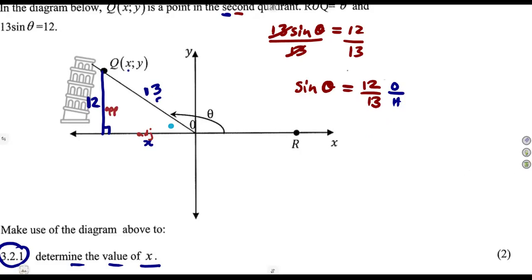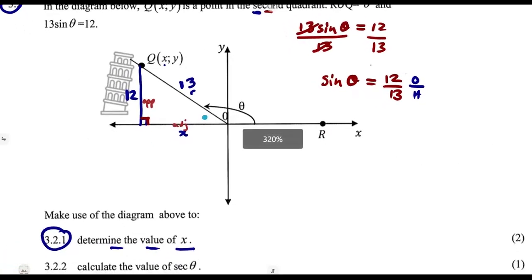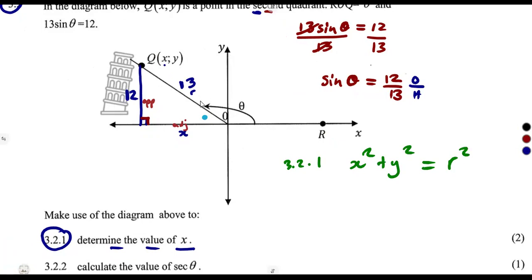But to find x, guys, what can we do? It's a side. When given two sides, how can you find the third side in a right angle triangle? Pythagoras. We are back to Pythagoras. So we could have just applied our Pythagoras theorem there. x squared plus y squared is equal to r squared, the radius of the circle, which is our hypotenuse.